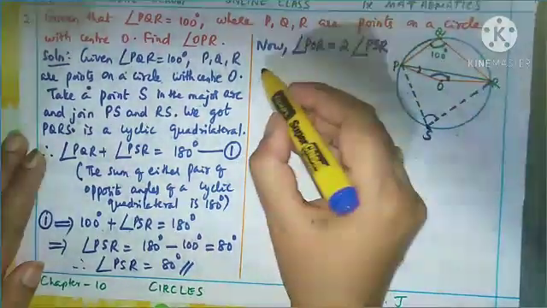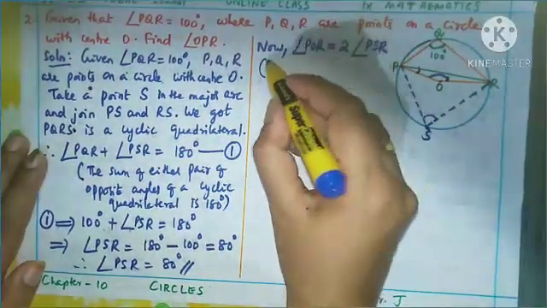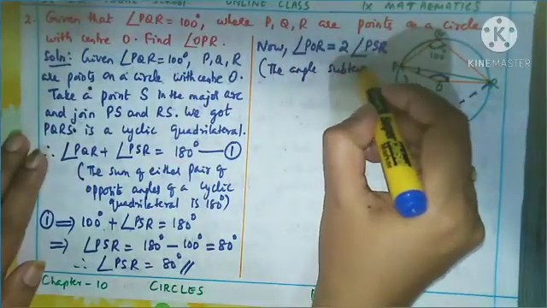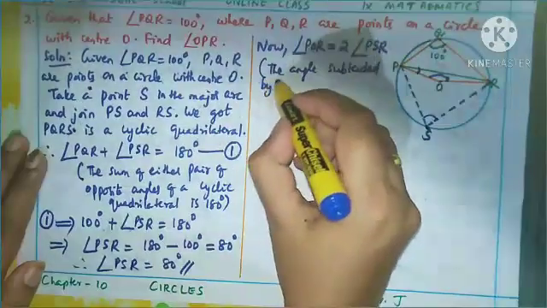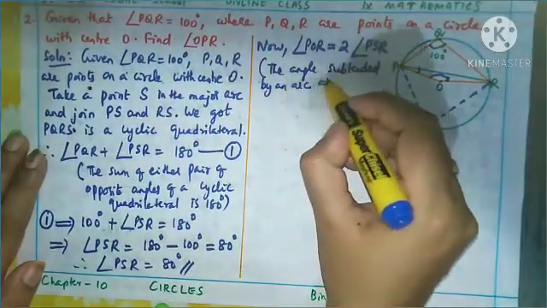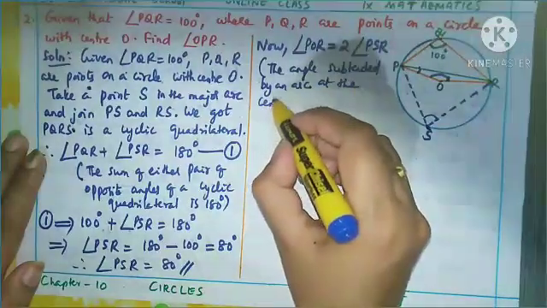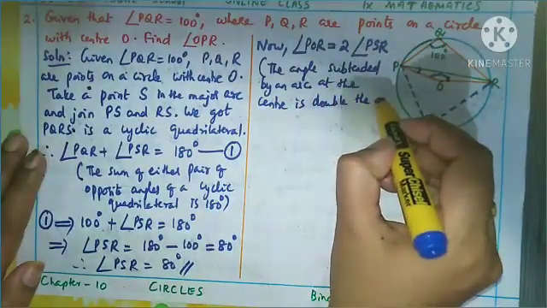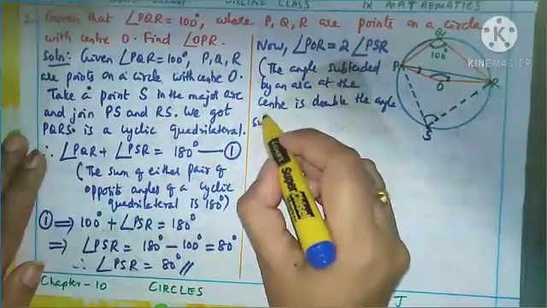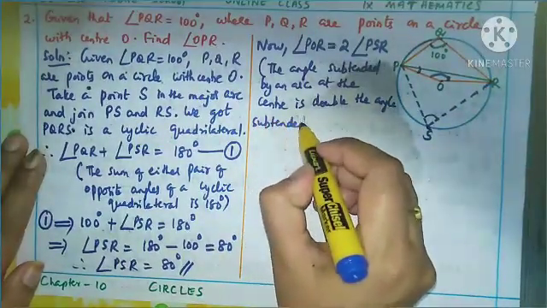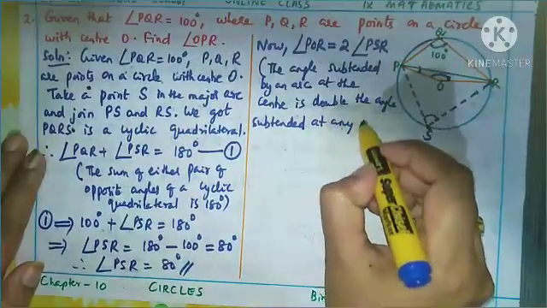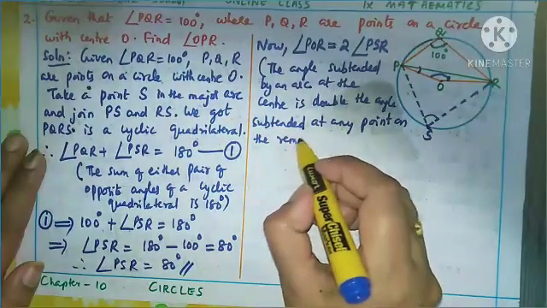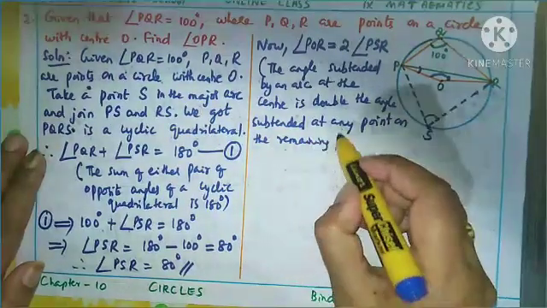Here also you want to mention the reason. The angle subtended by an arc at the center is double the angle subtended at any point on the remaining part of the circle.